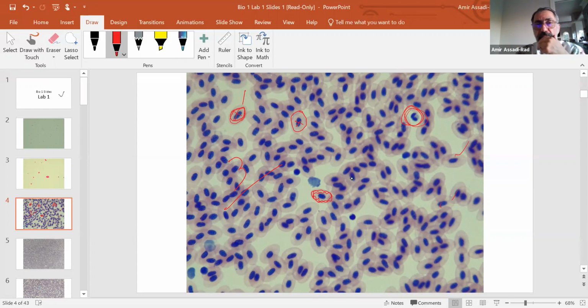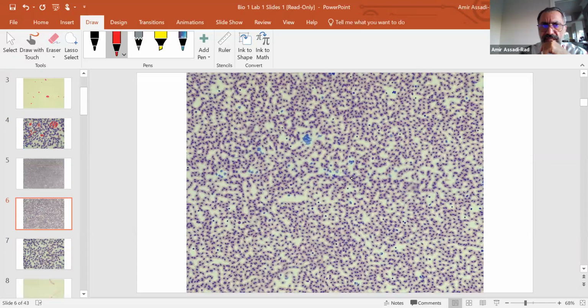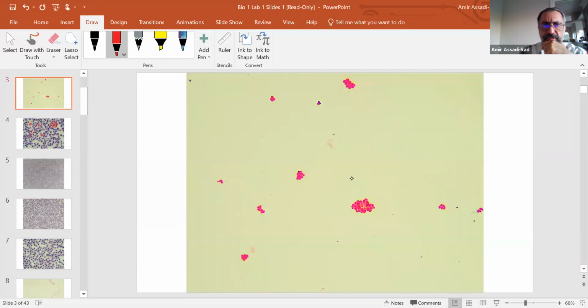And of course, you should know it belongs to kingdom Animalia, frog blood. That was a quiz question. The white blood cell is right here. You only see one. It might come up later on. Same thing, frog blood. This is scanning power, this is 10x, and so this must be 40x.